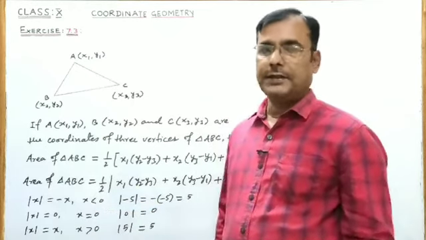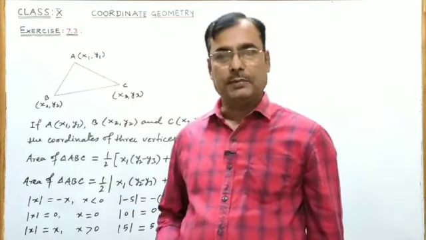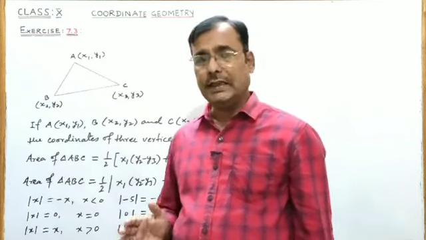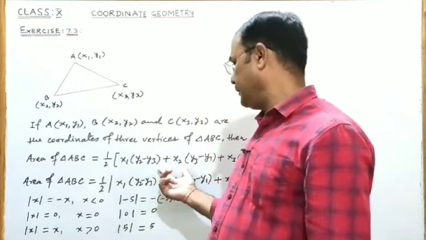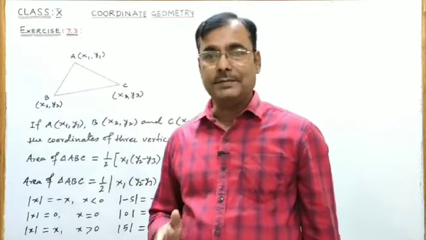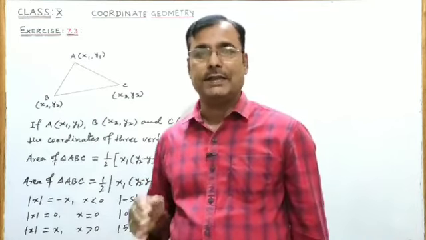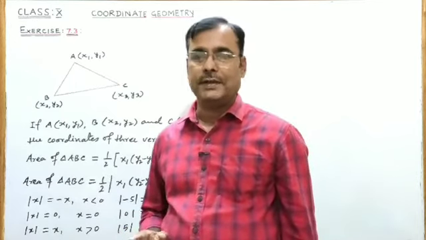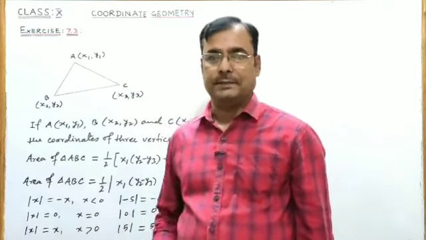Anyway, area of a triangle will always be positive. In case you find value of this expression negative, you will remember that negative sign is to be rejected, because area of a triangle cannot be negative.